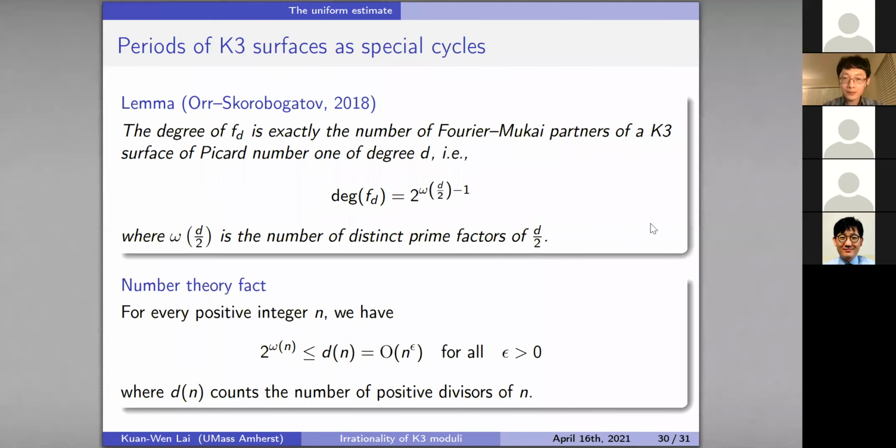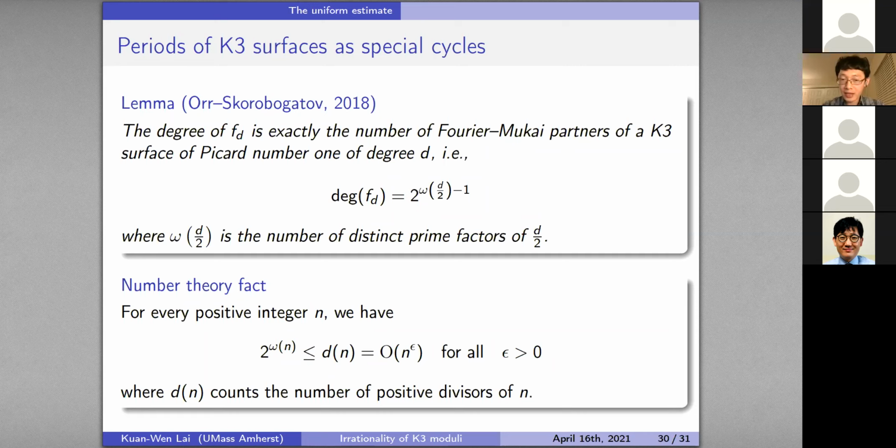Okay, and we also need to estimate the degrees of this map F_D. Here's a number theory fact. For every positive integer n, 2 to the omega of n is bounded by the number of positive divisors of n.